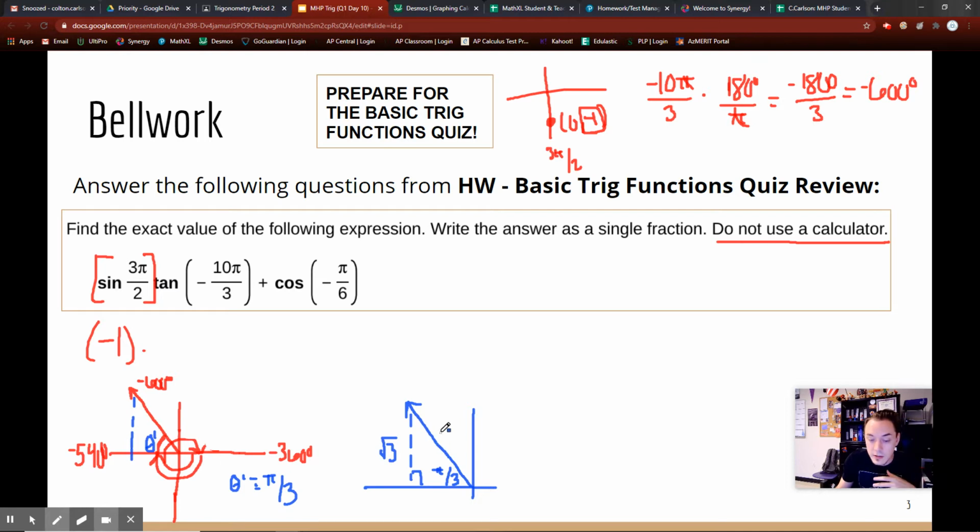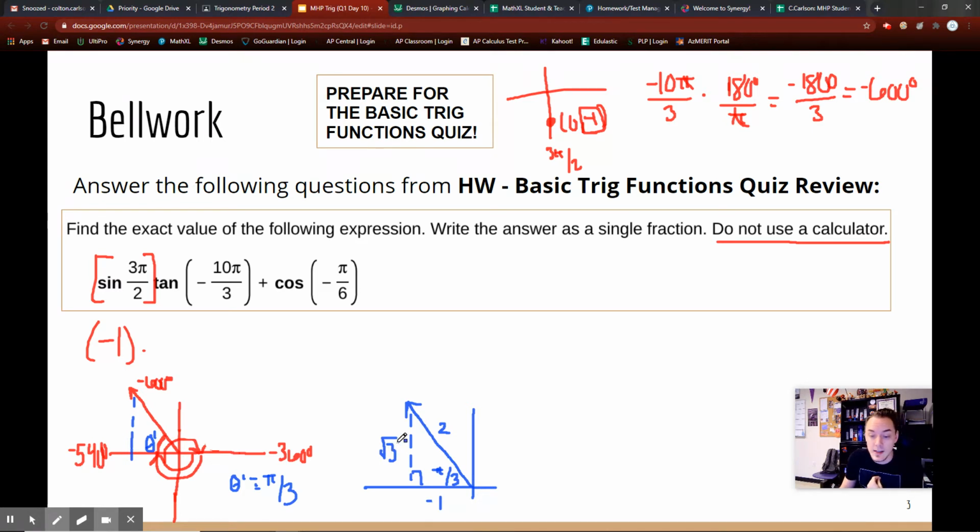This is radical 3, this is 1, and this is negative 2. Sorry, not that. Opposite. This is negative 1, that is 2. Now, some of you may be asking, how do you just know that? Honestly, if I have pi over 3, I know that the radical 3 is across from it.